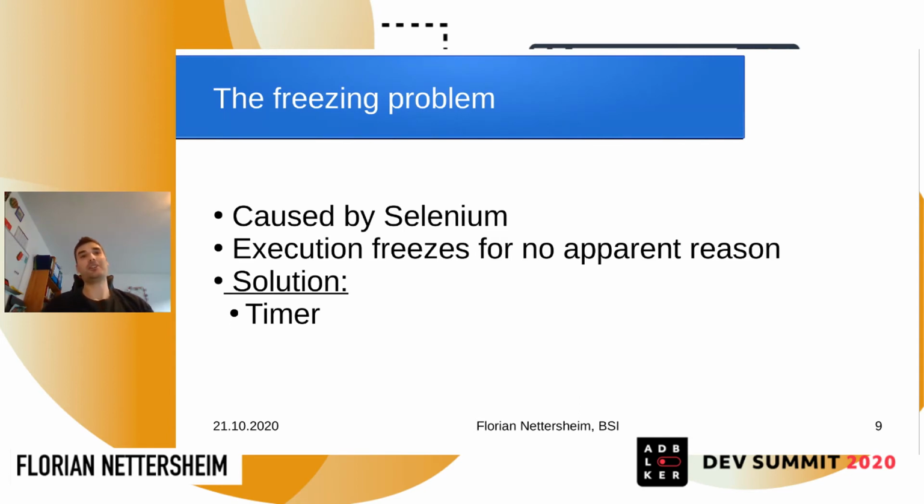It was very time-consuming to find the solution, because at first I assumed that the problem was caused by an error in my code, and additionally, I didn't find anything helpful on the internet. The solution to avoid this problem is, in the end, quite simple. It's a timer.